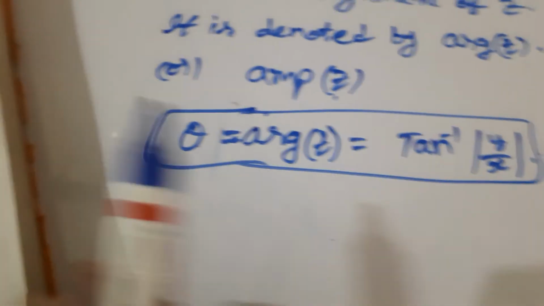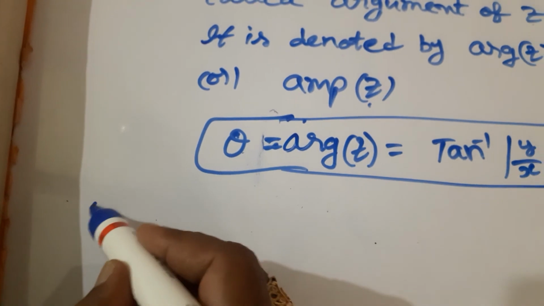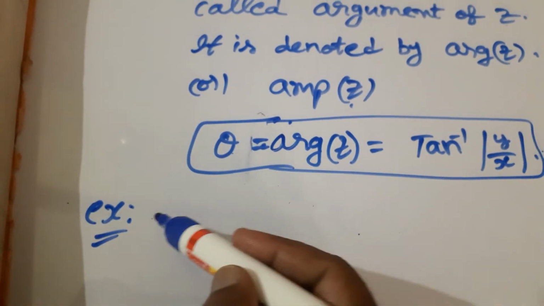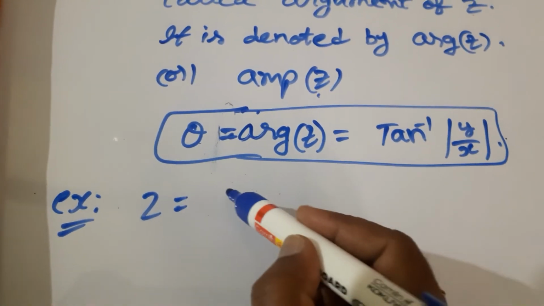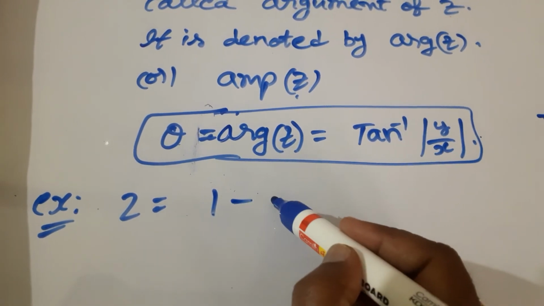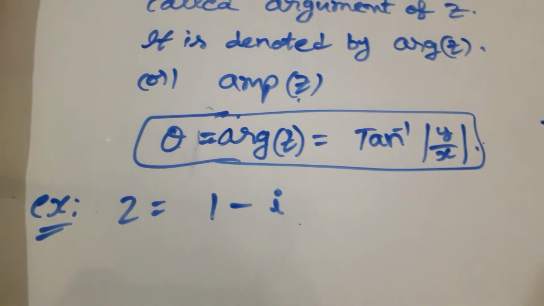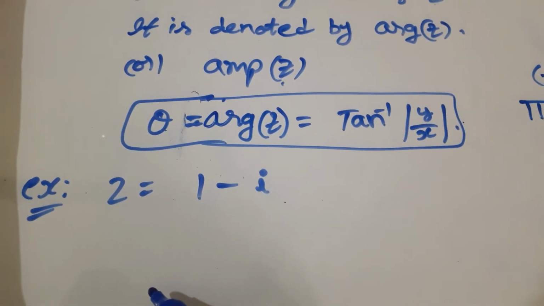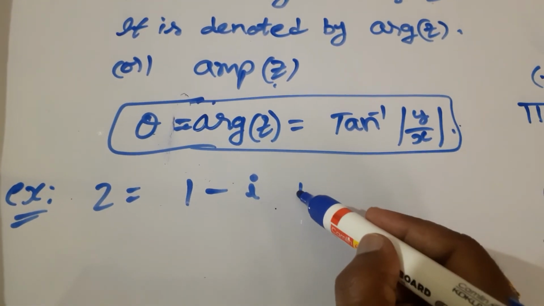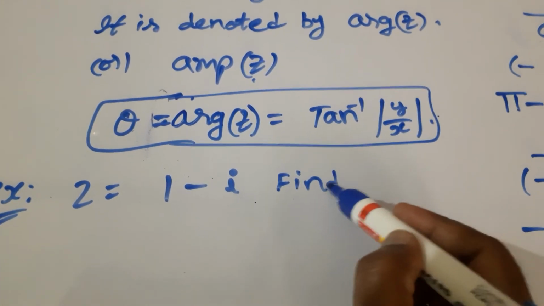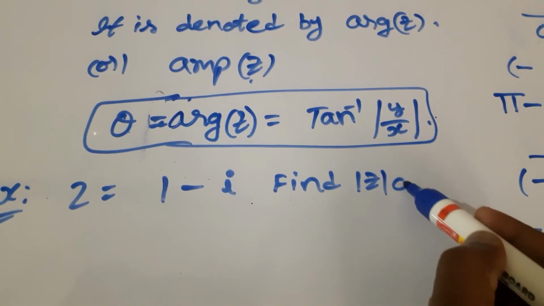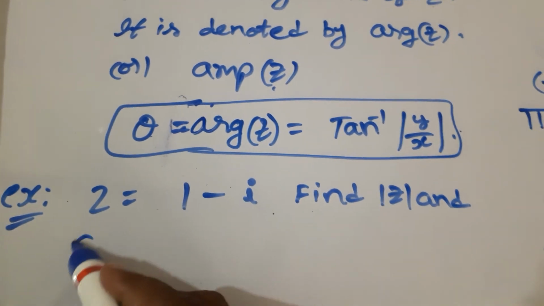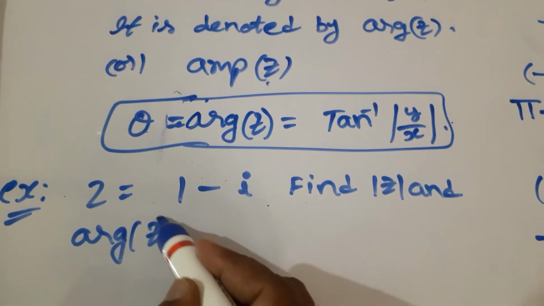Okay, so for example, z equal to 1 minus i. Find mod z and arg z.